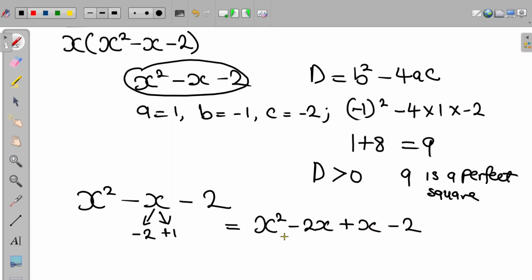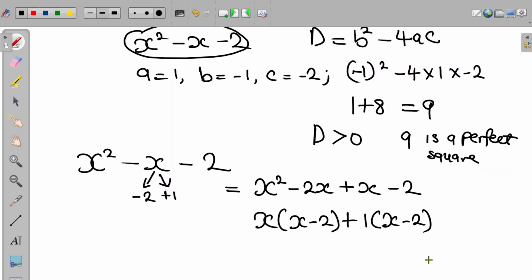Now, if we factorize and group this expression, we have x, open your bracket, x minus 2, plus 1, open your bracket, x minus 2. So therefore, this is (x minus 2) multiplied by (x plus 1).